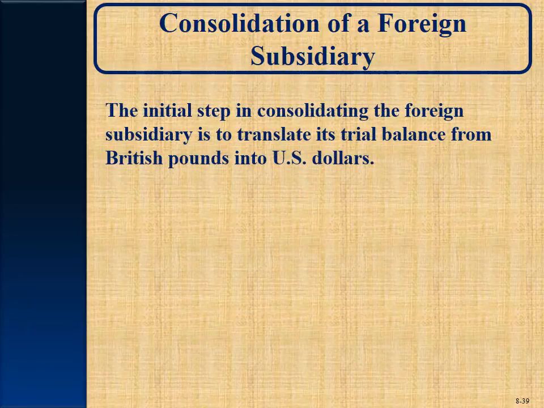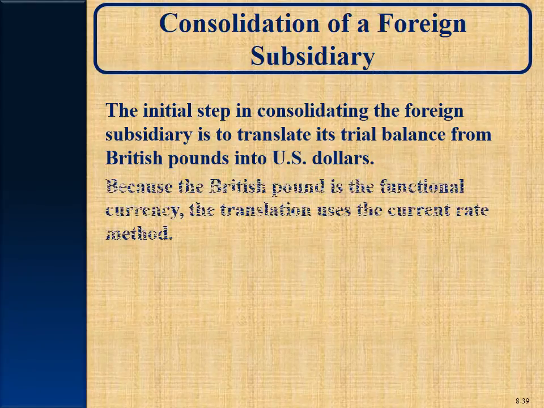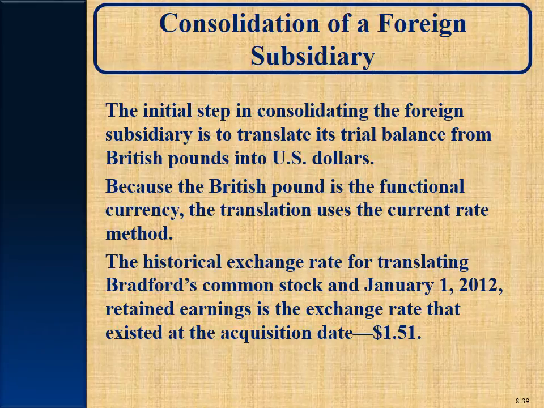So, our first step. The initial step in consolidating is to translate its trial balance from British pounds into US dollars. Because the British pound is the functional currency, we're going to use the current rate method. The historical exchange rate for translating Bradford's common stock and January 1, 2012 retained earnings is the exchange rate that existed at the acquisition date, 1.51.